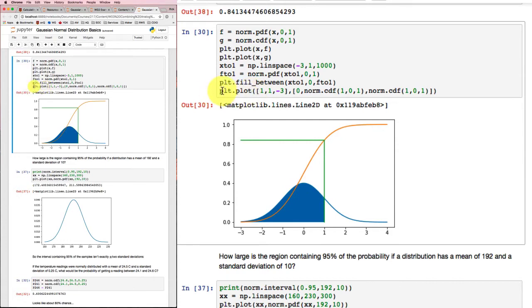I've also done a plot here with these x values, 1, 1, and -3, and these y values, 0, the CDF value, and the CDF value again, just to put this green line on here so that I could show it to you. So this shows you a little bit more about what you can do with plotting.